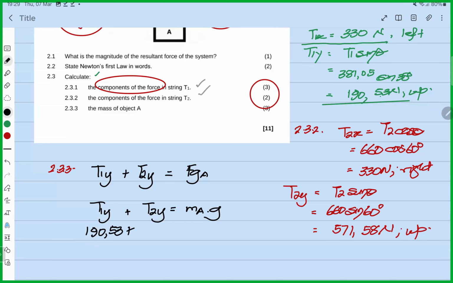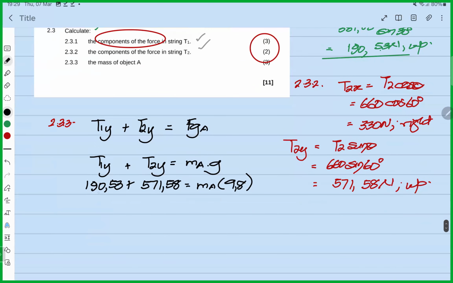T2y, we also worked out, 571.58. And that's going to be the mass of A multiplied by 9.8. So add the two on the left-hand side, divide by 9.8, and you get the mass of A: 77.77 kilograms.